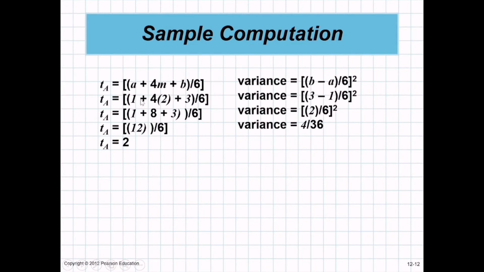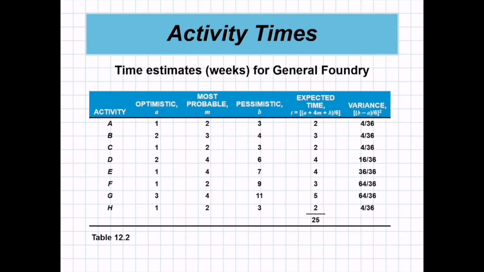So we will substitute: 1 plus 4 multiplied by 2 plus 3 all over 6. So this is 1 plus 8 plus 3 all over 6. 1 plus 8 plus 3 is 12 all over 6. So 12 divided by 6, that is 2. So the expected time for activity A is 2.